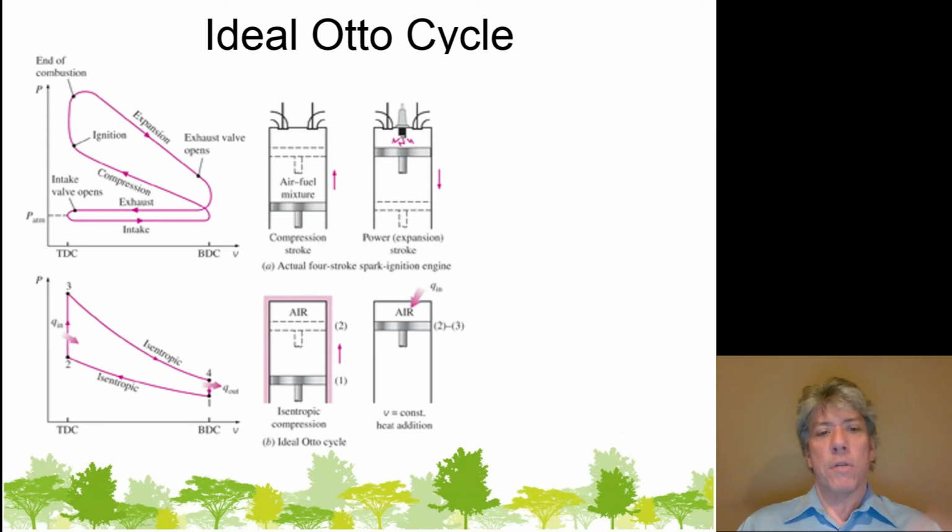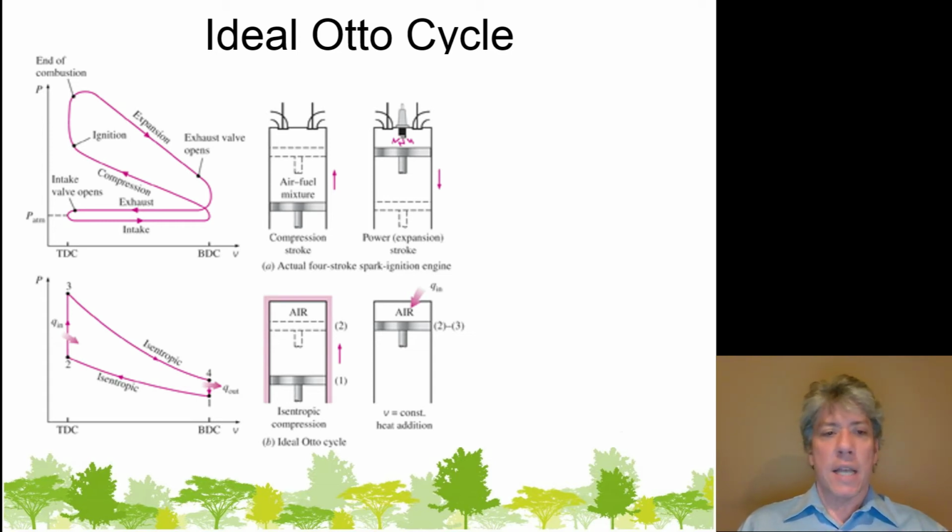So from state 2 to state 3, we just let the piston sit at top dead center, so you notice that the volume at state 2 and state 3 is equal to each other because the piston is just sitting there, and heat is transferred into the air in order to get a working fluid that's capable of doing some useful work. So, at this point in the real PV diagram, in the real process, we're at the end of combustion.